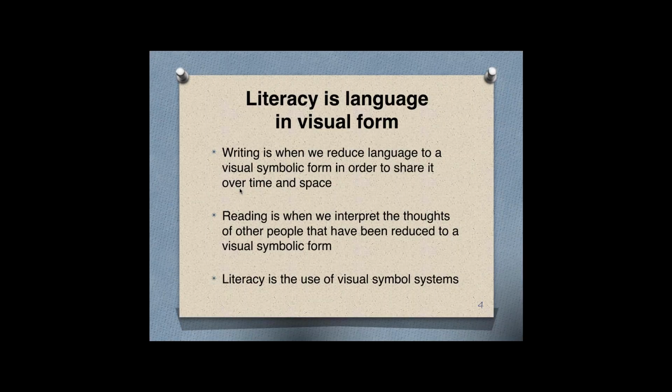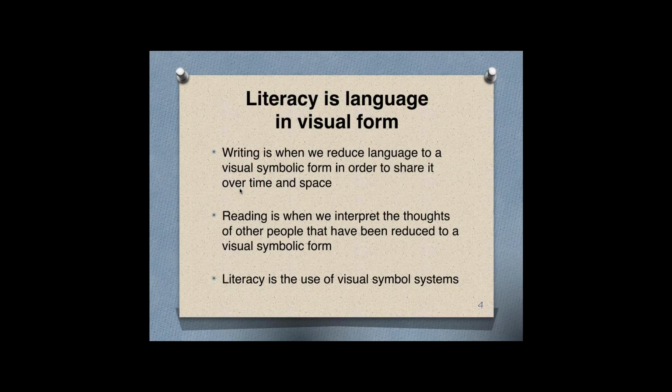So writing is when we reduce language to some kind of visual symbol system so that we can share it with people who aren't right here in the same room as us or aren't right here in the same time as us. I can write a note to my aunt and she can read it next week, or I could have descendants who read it 100 years from now, right? So I've been able to reduce it to a visual symbol form so I can communicate with people who aren't right here with me right now.